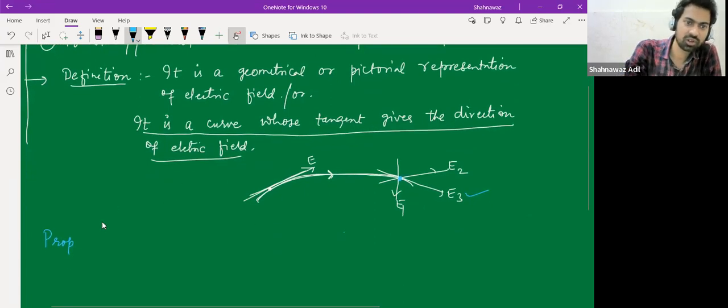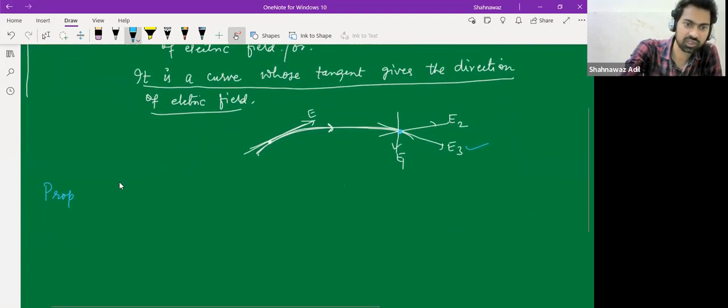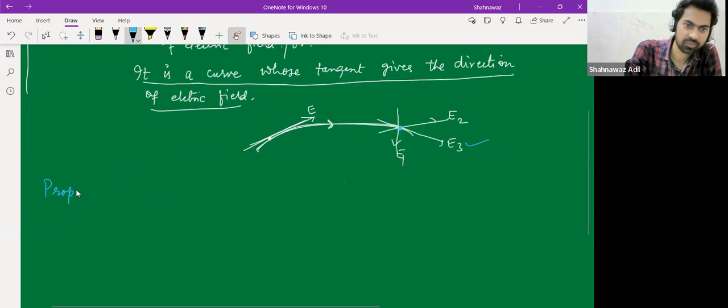So, properties of these electric field lines. First property, you already know the definition, right?